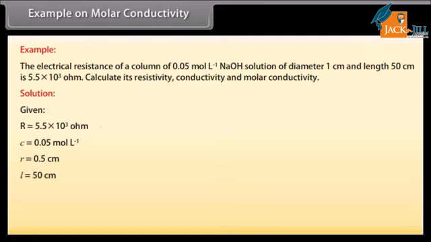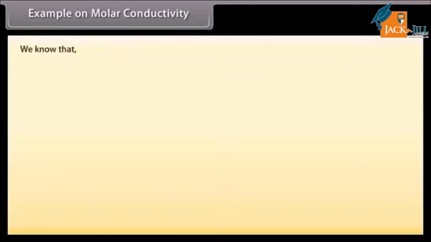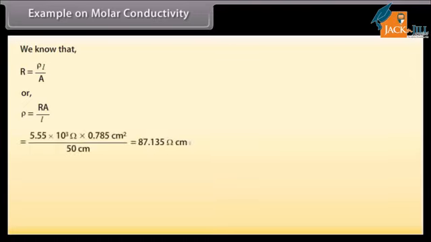We know that area is equal to πr². By putting the values, we get area equal to 0.785 centimeter square. We know that R = ρL/A. By putting the values, we get resistivity equal to 87.135 ohm centimeter. We know that conductivity is the reciprocal of resistivity.